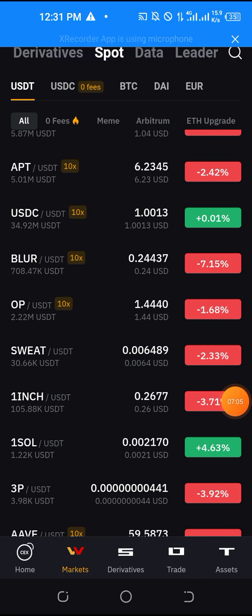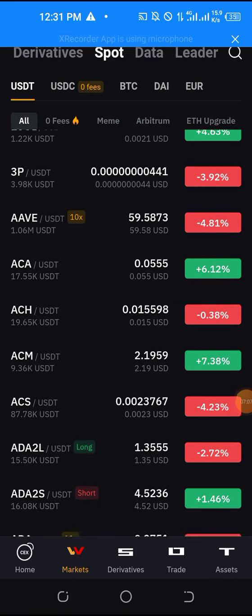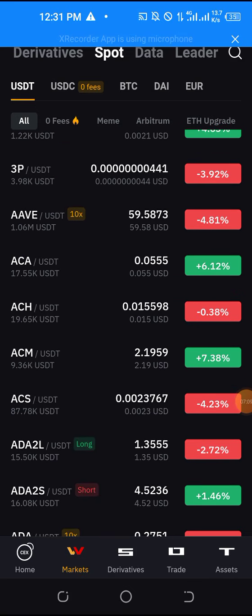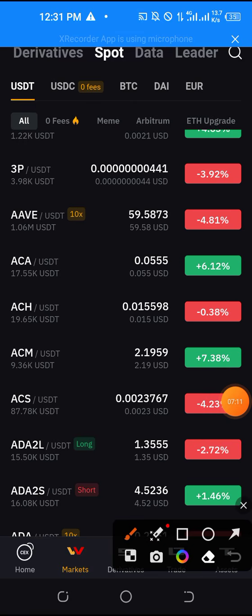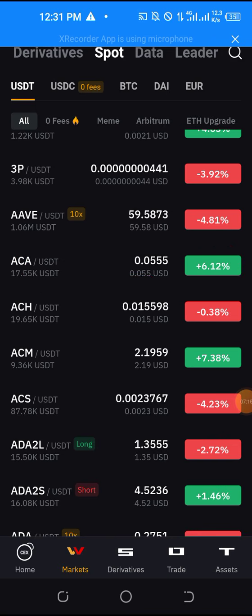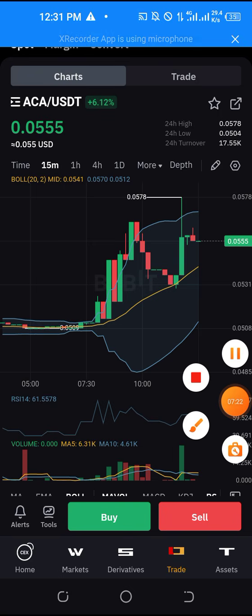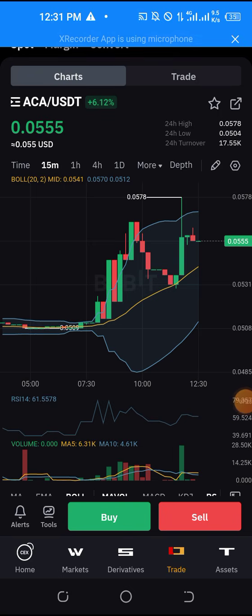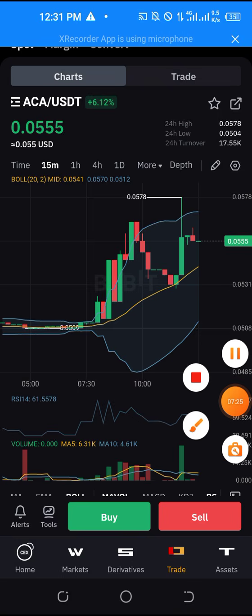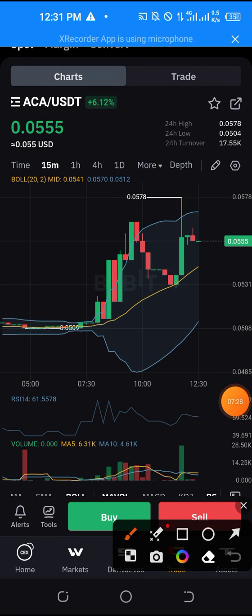So let's go back to market. We hope we see another coin. Okay, let's check this one out. This ACA. Let's check this out. We want to put it on 1 hour time frame. It's on 15 minutes, so you don't need that.